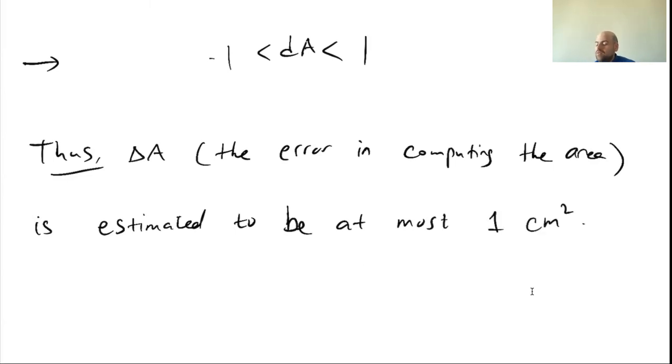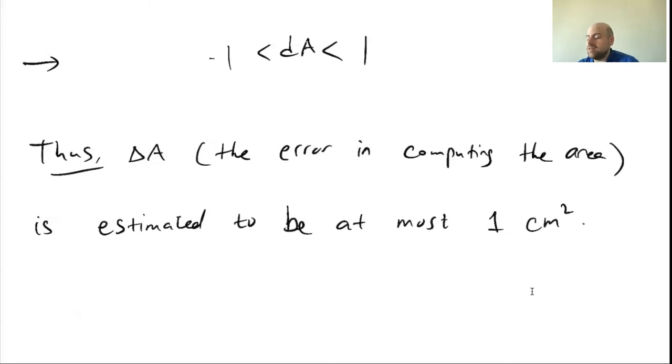Because the unit for area is centimeter squared. When we say between minus 1 to 1, it means the magnitude is at most 1. It could be minus 0.1, in which case the error will be 0.1 centimeter squared. But in the worst case, it's going to be 1. So 1 centimeter squared in the worst case is going to be the estimated error in computing the area.